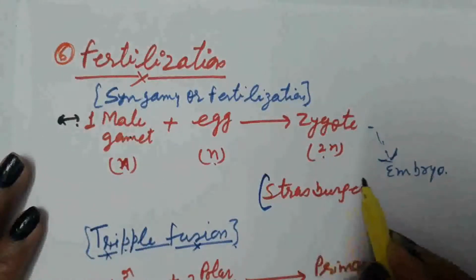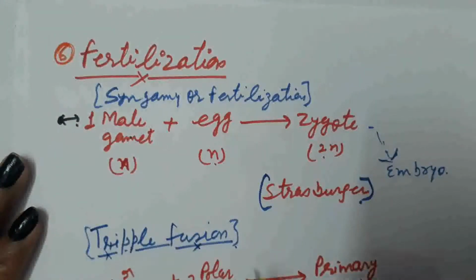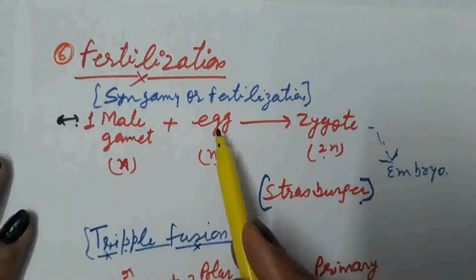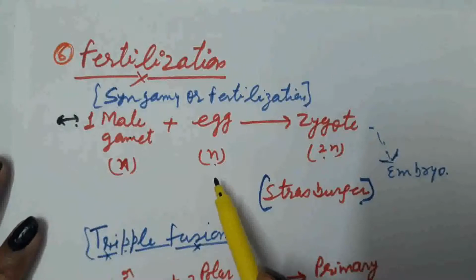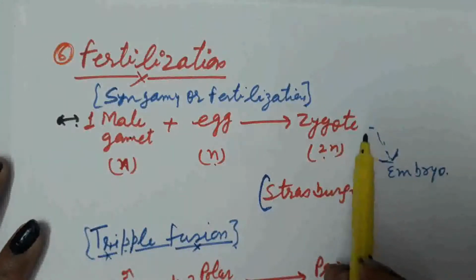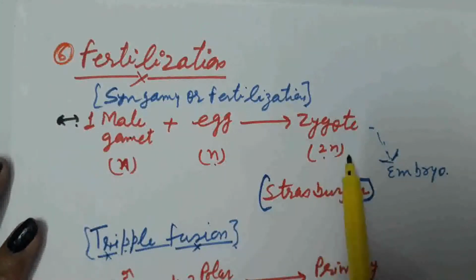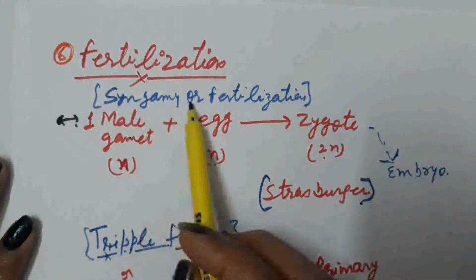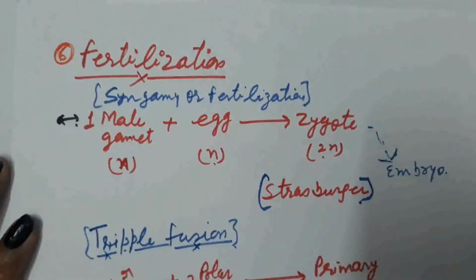In the male gamete, n number of chromosomes are there. In the female gamete, n number of chromosomes are there. That is, they represent the haploid condition. Male gamete fuses with the egg and the zygote is formed. So inside the zygote, the diploid number of chromosomes is present. This process is known as syngamy or fertilization given by Strasburger.